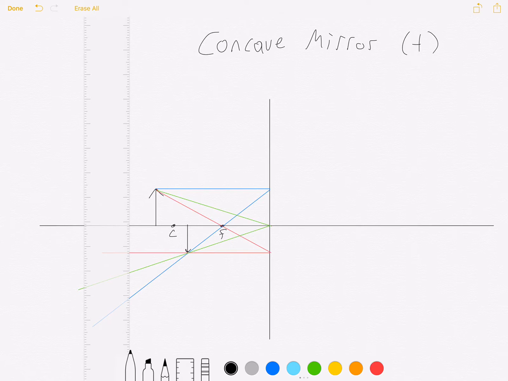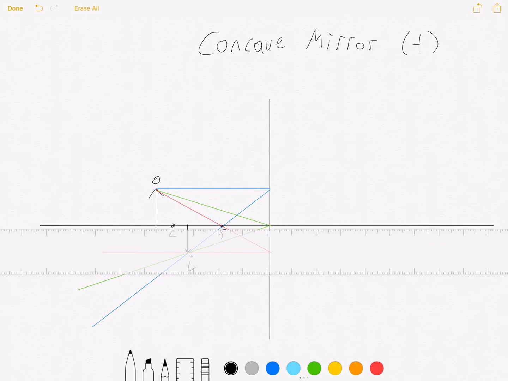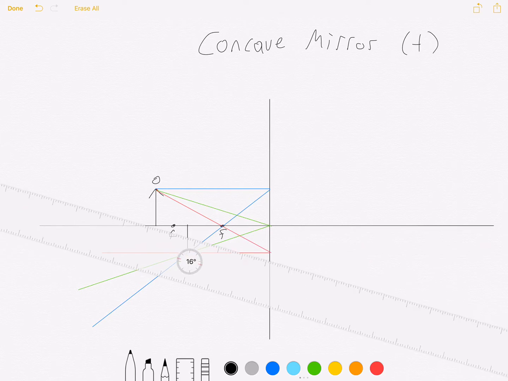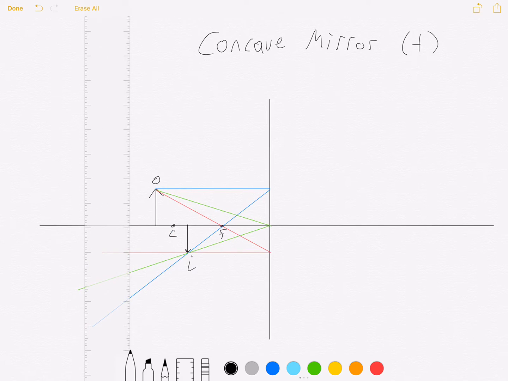So if our object height and location is here, our image is going to form right there. And geometrically we can measure our image distance, which will be 3.3 units away from the mirror, with a height of 1.1 units in the negative direction because it's downward.